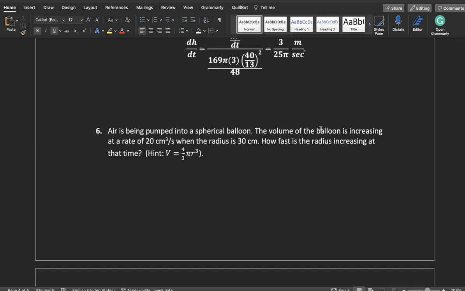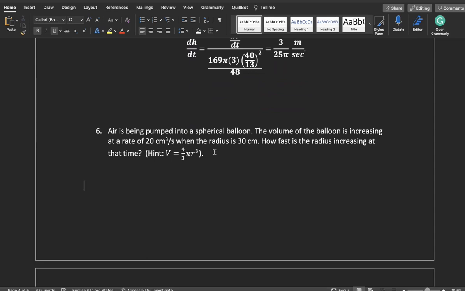The volume of the balloon is increasing at a rate of 20 centimeters cubed per second, when the radius is equal to 30 centimeters. And we are asked to find how fast the radius is increasing at that time.